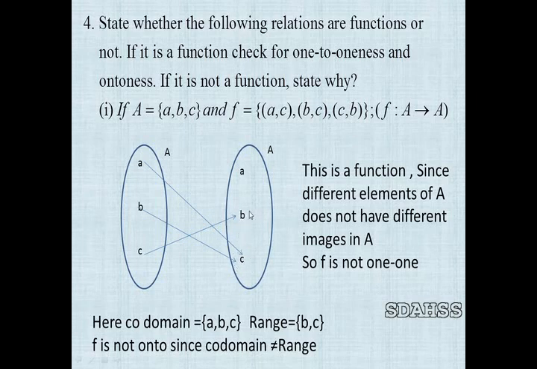Codomain has 3 elements. Range has 2 elements. So codomain is not equal to range. So f is not onto. It is a function, but f is not one-to-one and not onto.